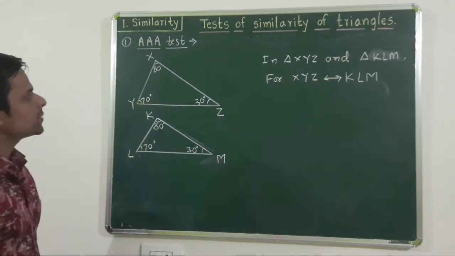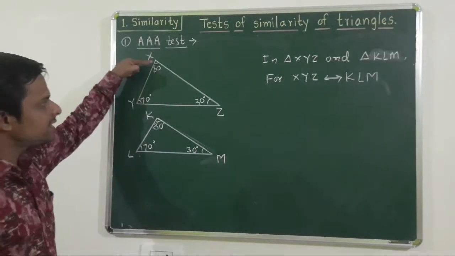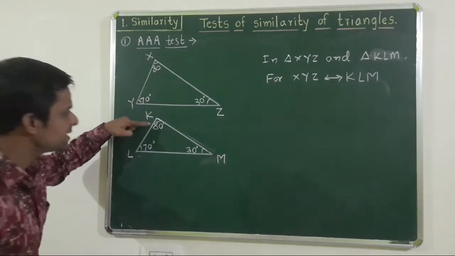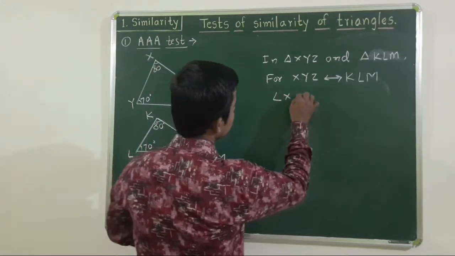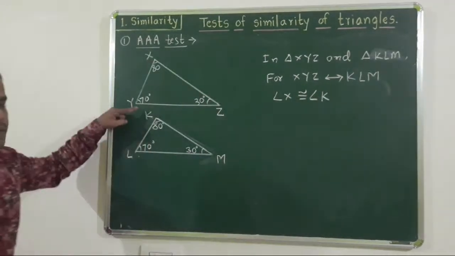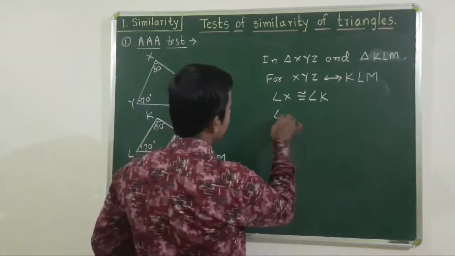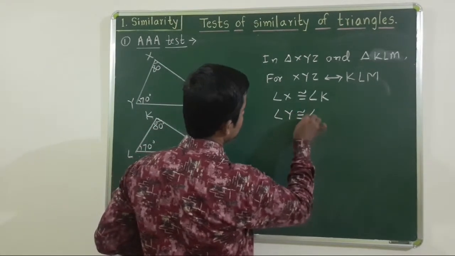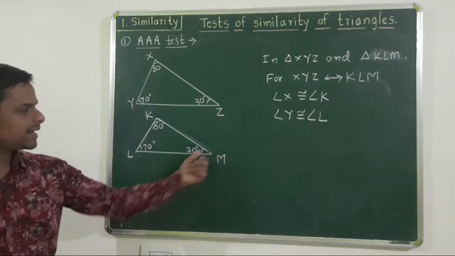What are the congruent parts? Nothing about sides is given, only angles are given. Angle X is given as 80 degrees, angle K is also given as 80 degrees. Therefore, I can write angle X is congruent to angle K. Angle Y is given as 70, angle L is given as 70. Therefore, angle Y is congruent to angle L. And angle Z is 30, angle M is 30.